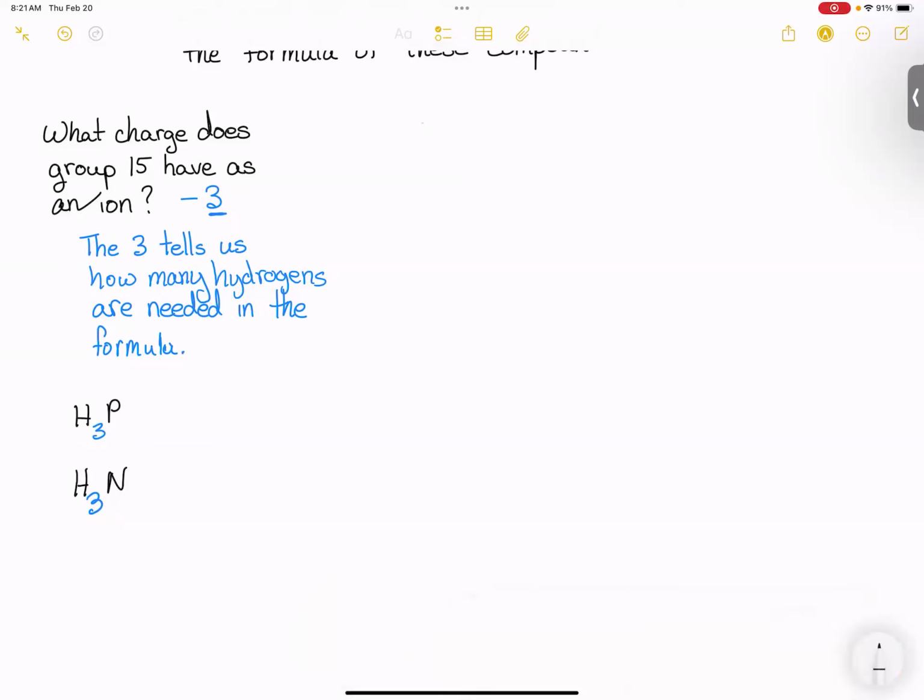So along those same lines, what charge does group 16 have as an ion? It has a -2.